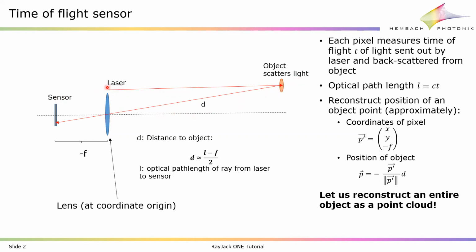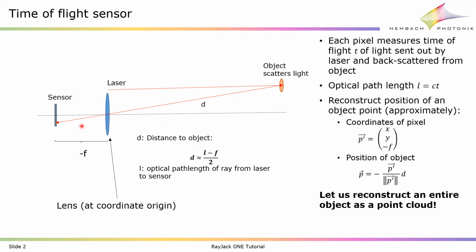And since the ray has to do a double pass, and we have here this extra piece, the focal distance, we find that the distance to the object is the optical path length minus focal length over 2. This is only approximate, and in real life it may be more complicated, of course. But for our purposes, it's perfectly okay.